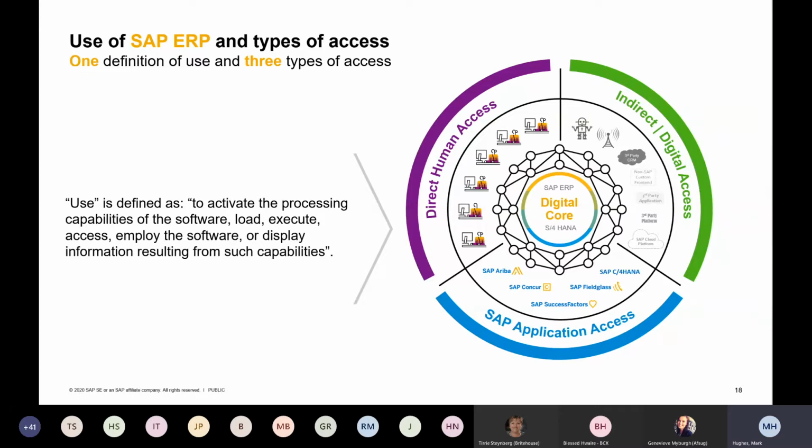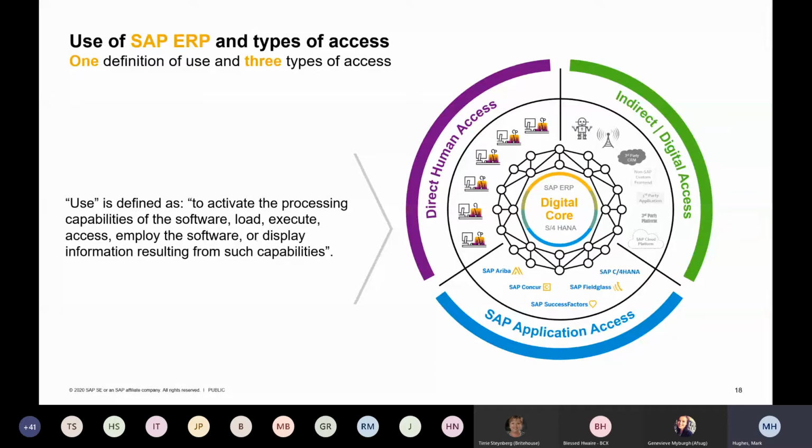And also then to clarify, in a number of our contracts and license terms, we used the word directly and indirectly to make it a much more clearer statement that in terms of SAP ERP or S/4HANA, as you can see in this diagram, we now clarified there are 3 types of access that we recognize. On the left in the purple is, I think, the same license model that's been around ever since the Dark Ages.